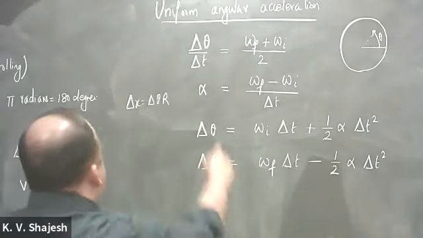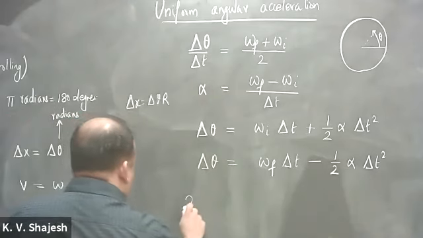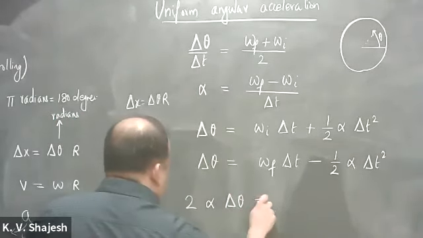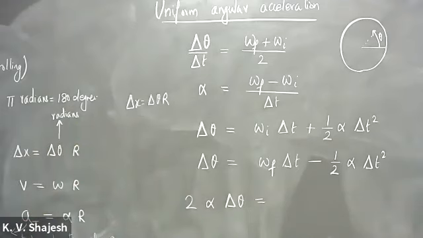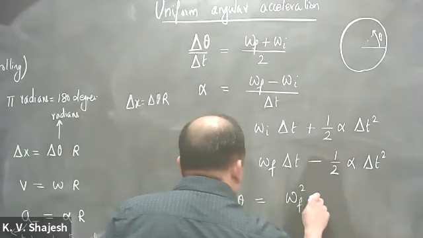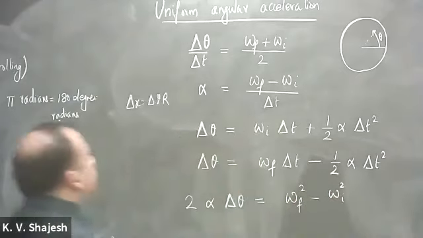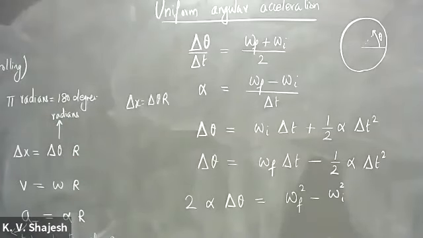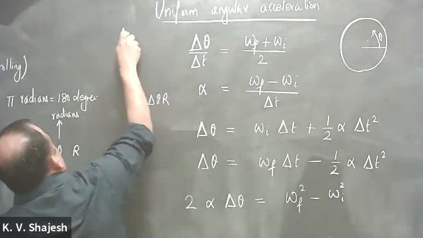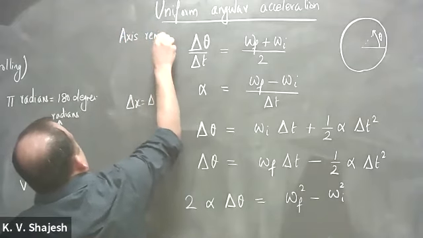And finally, if you were to multiply these two equations, you get 2 times alpha times change in the angle. That's equal to omega final squared minus omega initial squared. I should again stress that here the axis is fixed, right? Axis remains fixed.